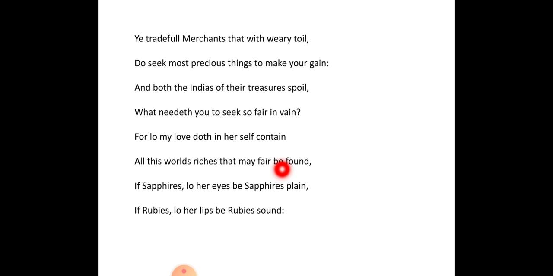Ye dreadful merchants, that with weary toil do seek most precious things to make your gain, and both the Indias of their treasure spoil, what needeth you to seek so far in vain? For lo, my love doth in herself contain all this world's riches that may far be found. If sapphires, lo, her eyes be sapphires plain.